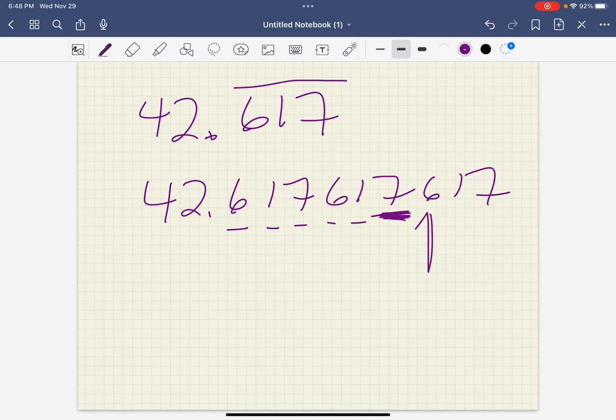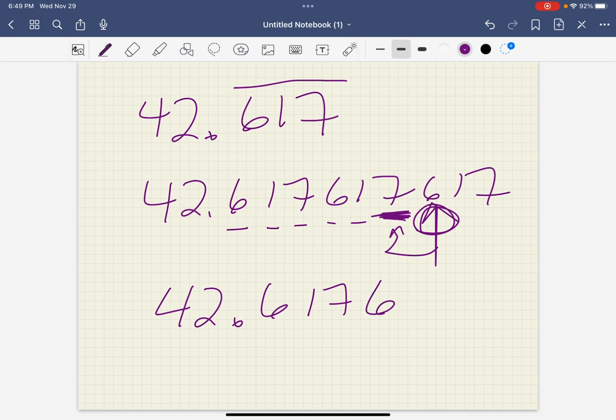So we have to look at this one. Is this 6 big enough to change that 7? Yes, 5 and bigger changes it. So this will be 42.617618. And everything else gets chopped off. So when you have a repetend like this, remember, you can write it out as many times as you need to.